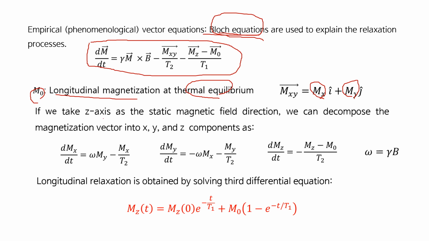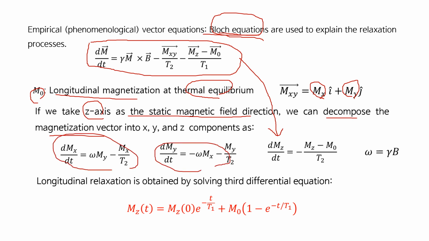If we take the Z axis as the static magnetic field direction, we can decompose the magnetization vector into X, Y and Z components, so we can decompose the equation into these 3 different component equations. Here omega equals gamma B. Longitudinal relaxation is obtained by solving the third differential equation. This is Mz, right? So T1 relaxation is related to Mz.